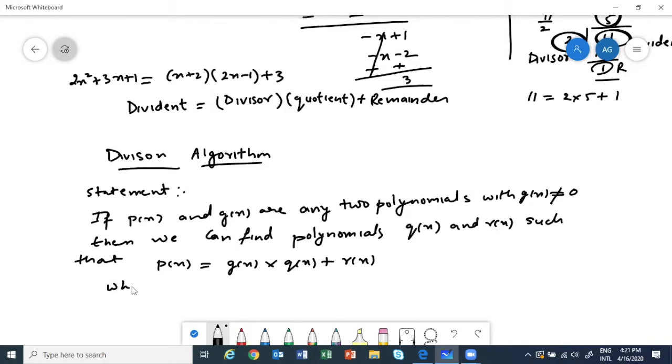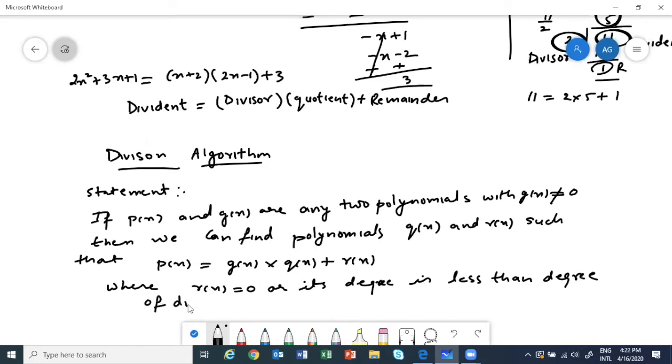where remainder can be either 0 or its degree will be less than what? Degree is less than what? The divisor, isn't it? Or its degree is less than degree of divisor.